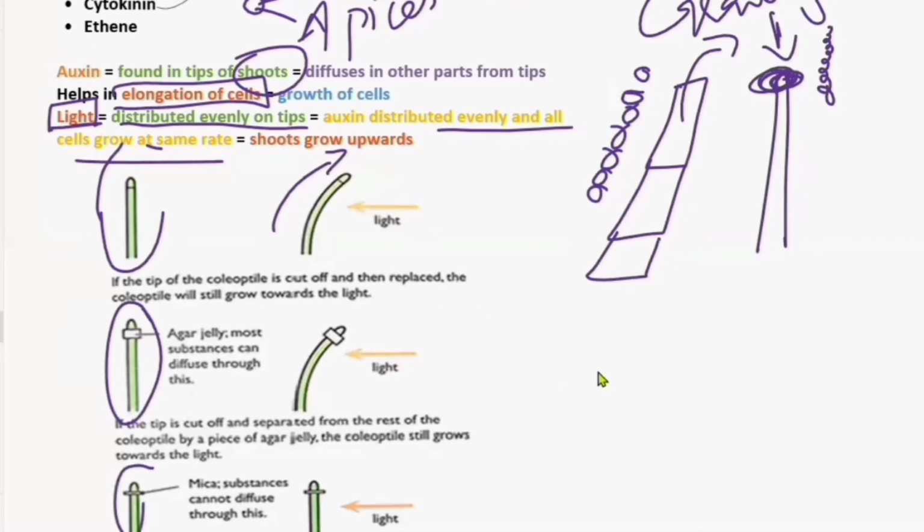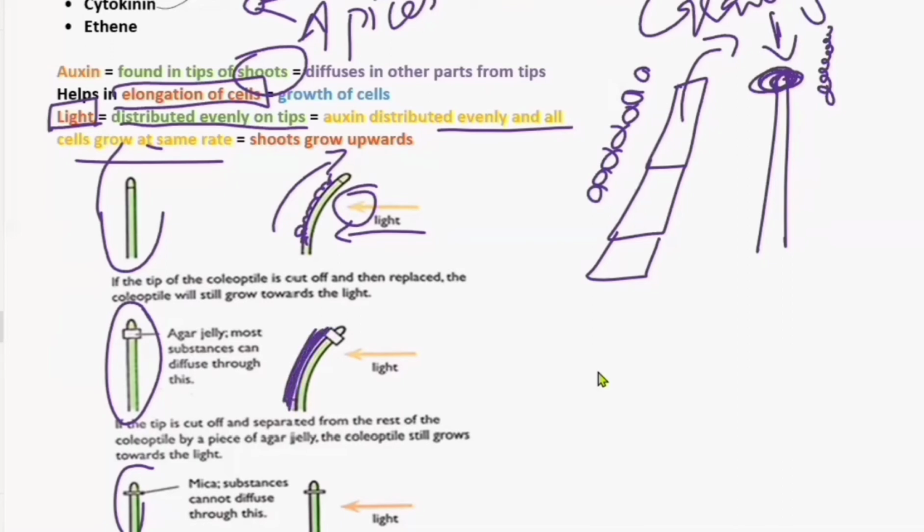Why is it bending towards the light? What happens when the light is falling onto the stem from only one side? Here you can see it is falling on one side. Then auxin is concentrated on the shady side, opposite to the light. Wherever there is more auxin in the stem, I'm not talking about the roots, I'm talking about the shoots, there is more growth on this side.